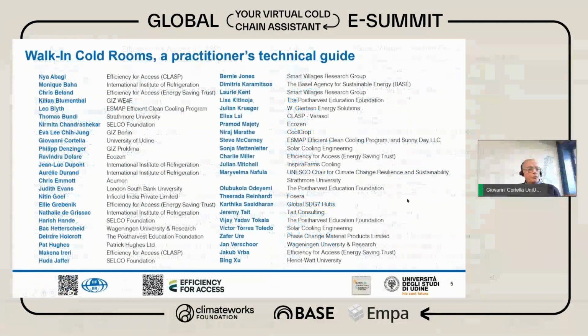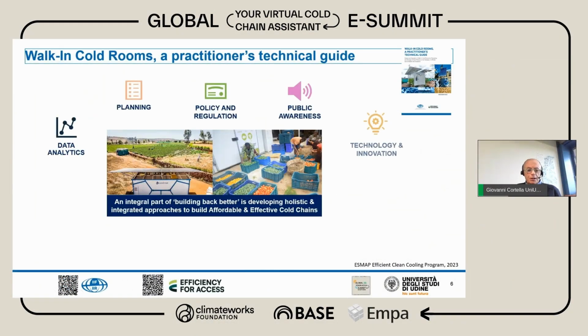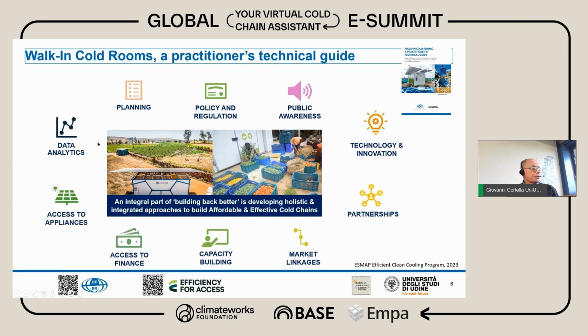The approach we followed is a holistic one, because it's needed. We start from thorough planning supported by data analysis and policy and regulations from the governments, for example national cooling action plans, in an environment where people are aware of the benefits of using cold storage.